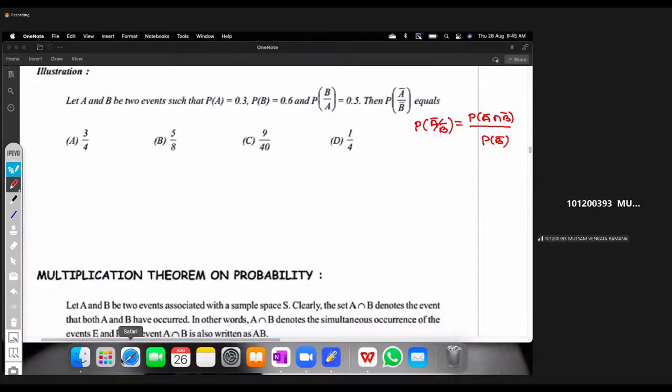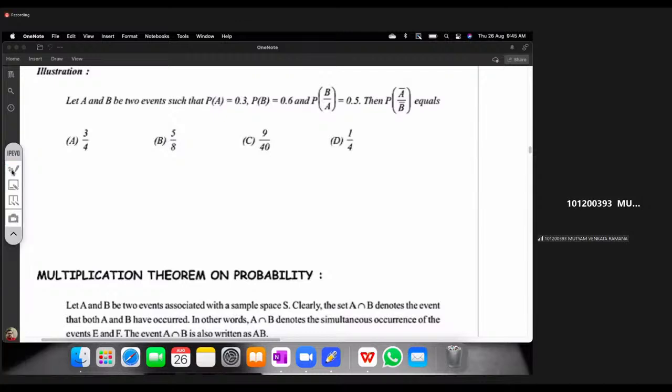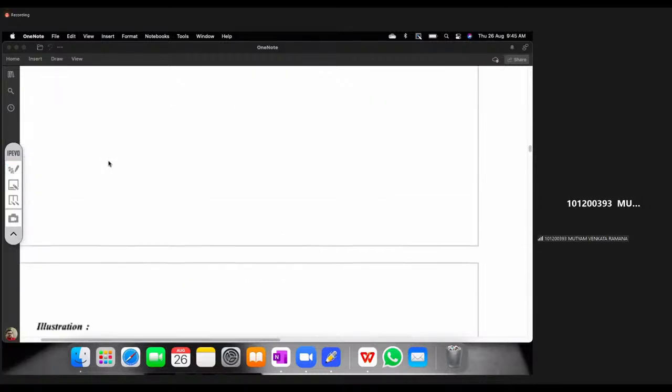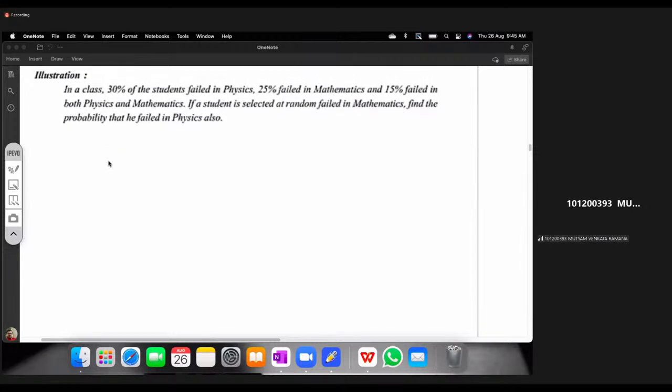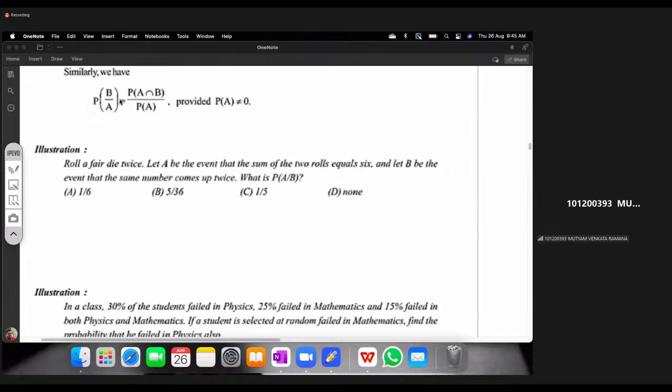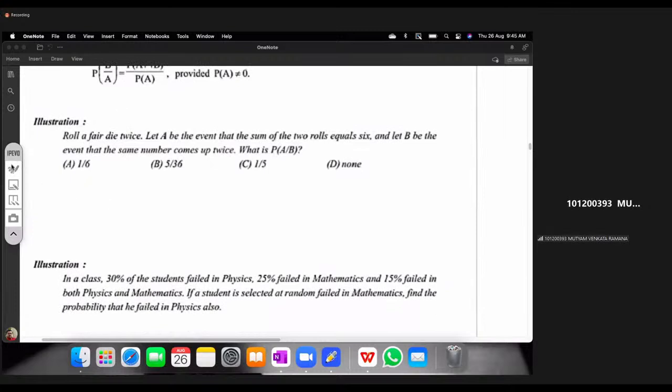Sir, if it is P of B by A, then it is 1 by 5. What 1 by 4? Which one? I don't know which one he is talking about. Oh, you are asking B by A. In this case, what is P of B by A?